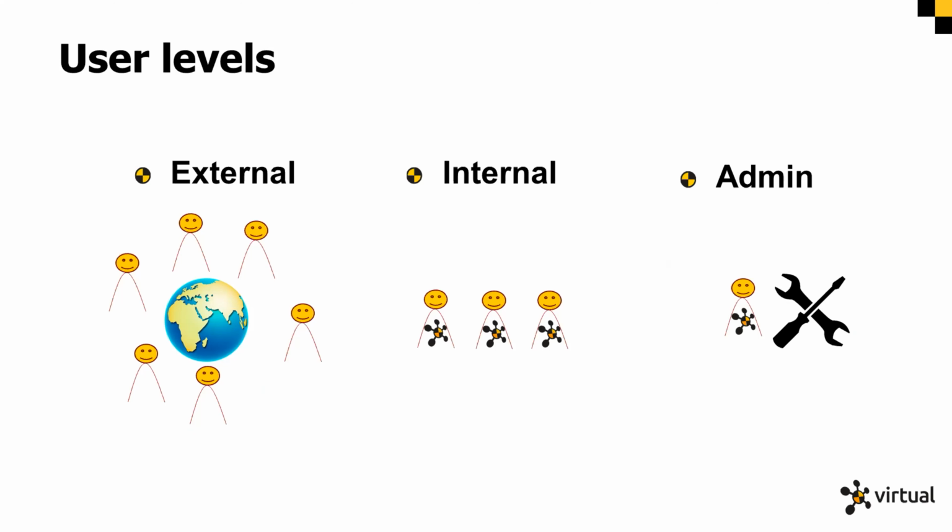The external user level is basically for the non-project members, so basically any community user around the globe. Then the internal users are essentially the members of the virtual project, like of the virtual institutions. And then there's a number of admin users. That's basically those who keep the whole thing up and running.